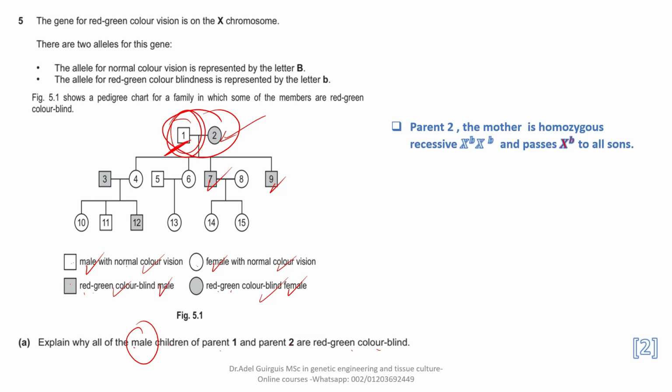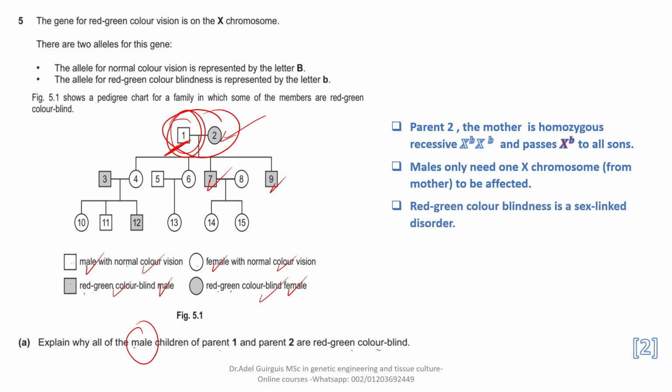Parent 2, the mother, is homozygous recessive. She carries XP small and passes XP small to all sons through the ova. Males, both 7 and 9, need only one X chromosome from the mother to be affected.